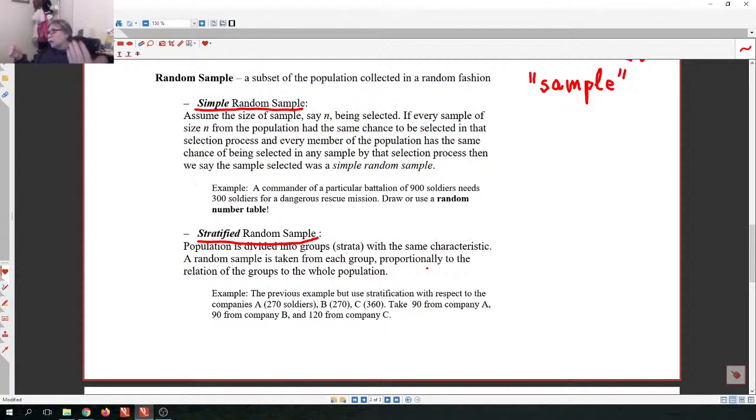So if I had information in the past that 48% of the voting population are males and 52% are females, I want to have in my sample 52% females and 48% males. So I'm not going to just collect at random from a population. I will first divide the population into females and males, and I'm going to say if I want to have 100 people, 52 must be females, 48 must be males, because I know that in the last election that was the distribution of gender.